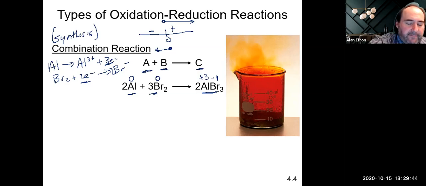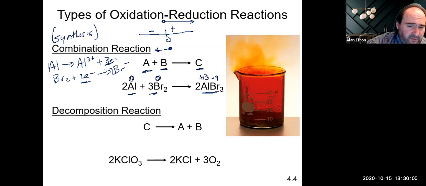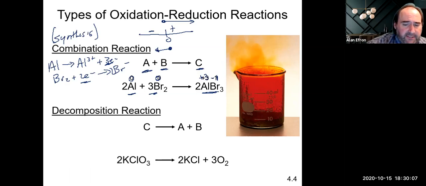So this is an example again of a combination or synthesis reaction. And although it is a combination or synthesis, it also is under the big umbrella of redox reactions as well.